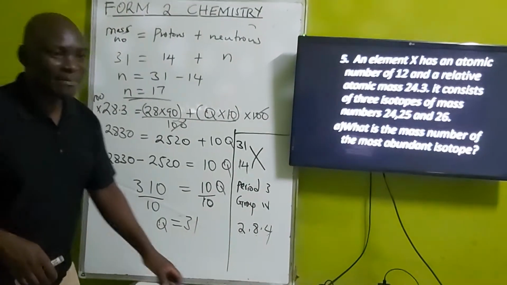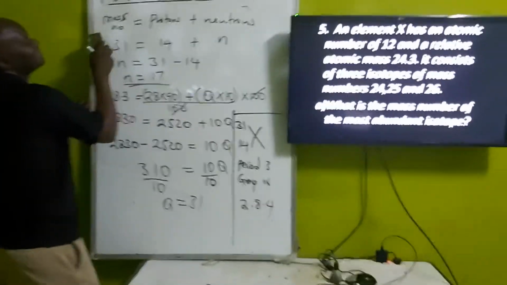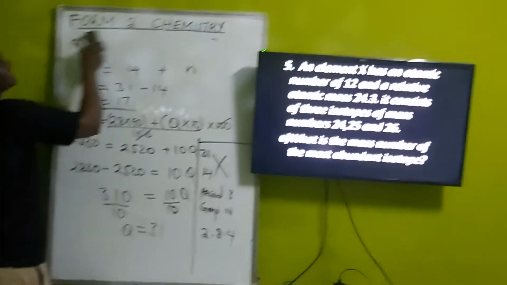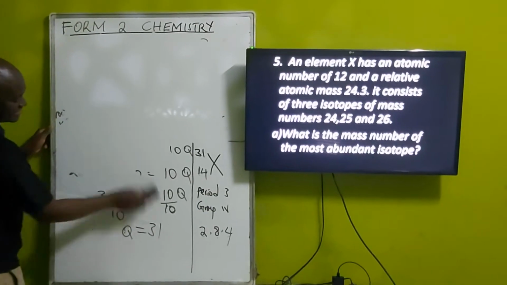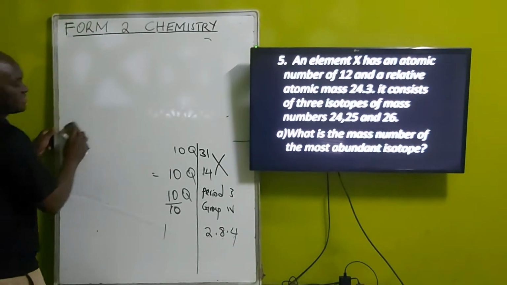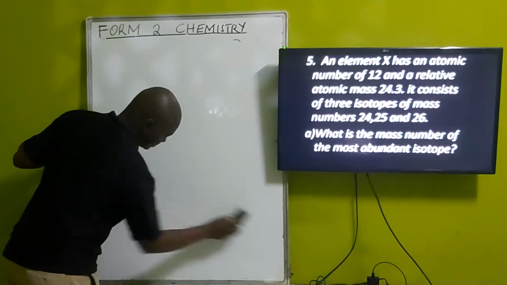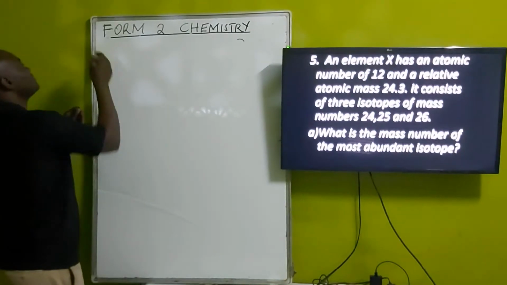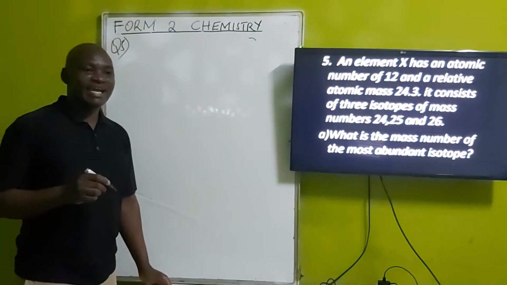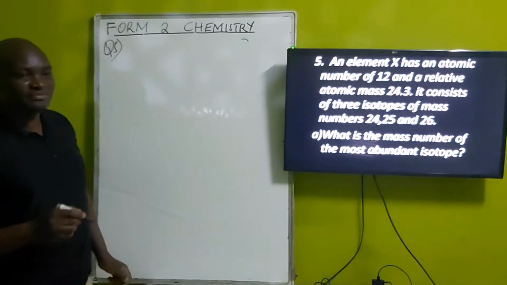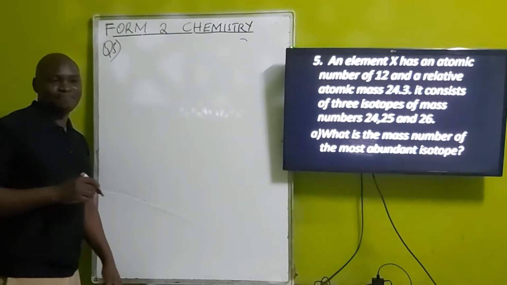The next example is number 5. So for question 5, an element X has an atomic number of 12 and a relative atomic mass of 24.3.